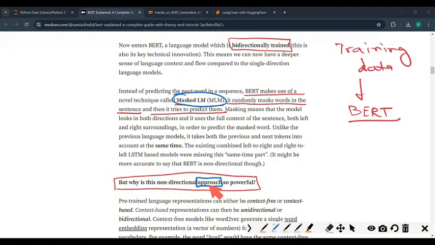I need to understand this statement in this context. It will learn by itself. So by masking multiple statements, it will understand the context very well. During the training phase, it is doing these kinds of things.